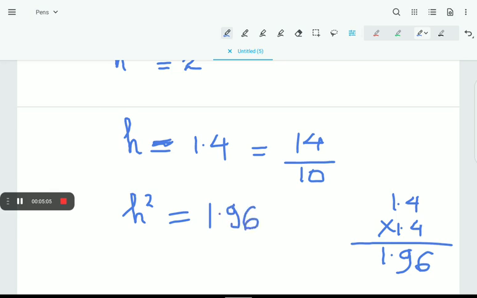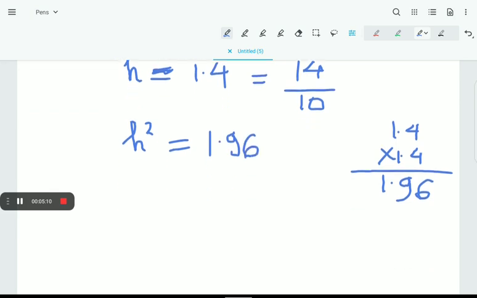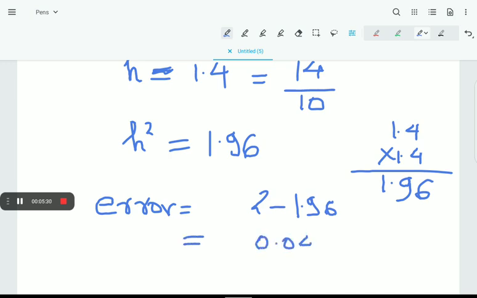So h squared is 1.96. That's almost equal to 2, because if you subtract, let's try to find the error. If we take h equal to 1.4, then what is the error in h squared? Actual value is 2, minus observed value is 1.96, and that is 0.04.